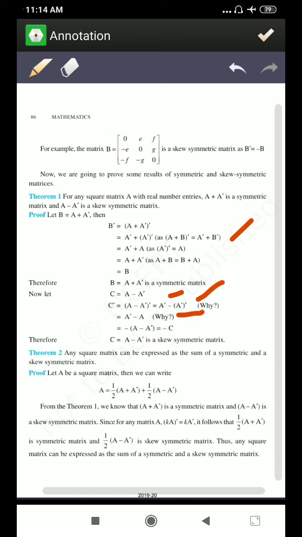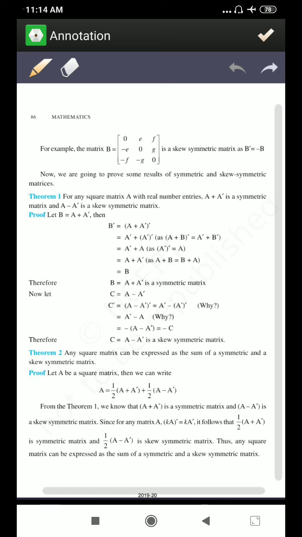This thing is A only. So now it is A transpose minus A. You can take the negative sign common. So now it is negative of A minus A transpose, you can see. So we got C transpose is equal to negative of C. And that is the definition of a skew symmetric matrix. So the difference of a matrix and its transpose is a skew symmetric matrix.